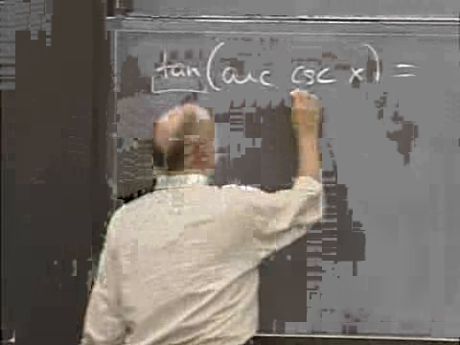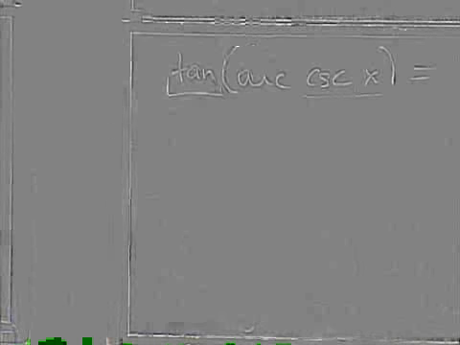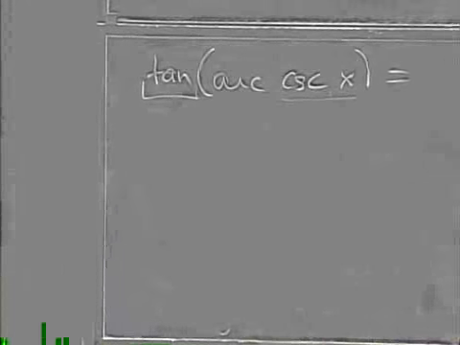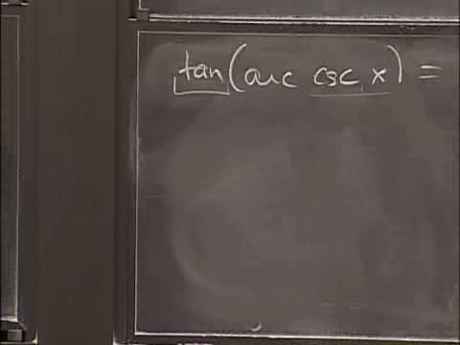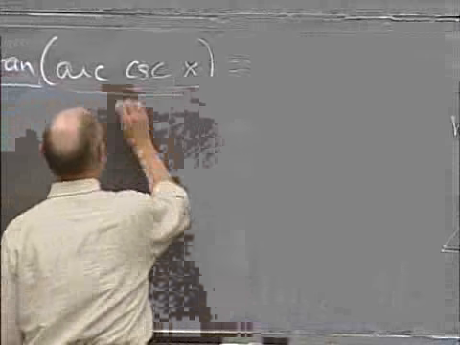So the first thing is how can I make the cosecant appear here? What dimensions should I give to the sides in order for theta to be the arc cosecant of x? This thing is theta.